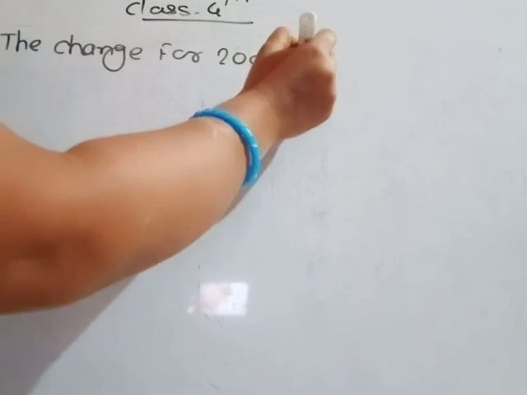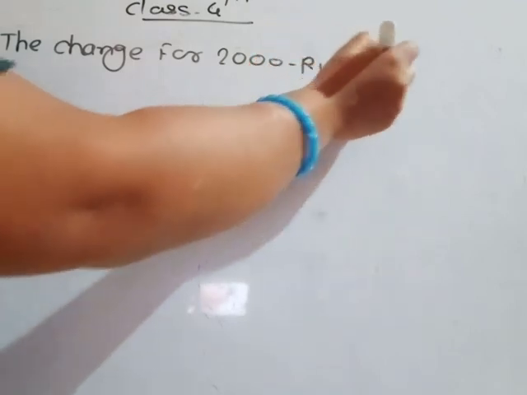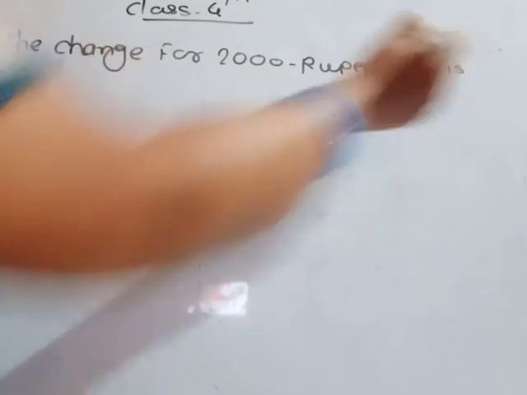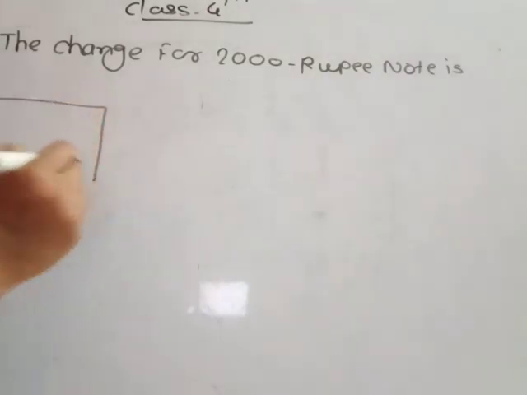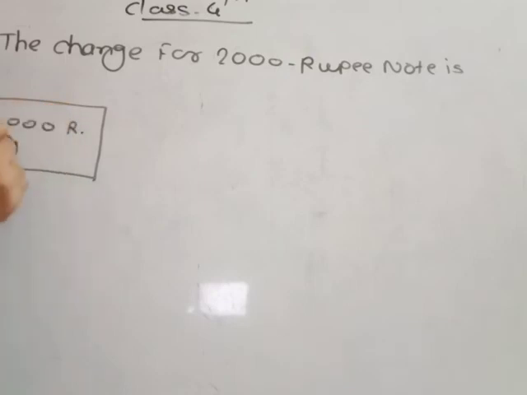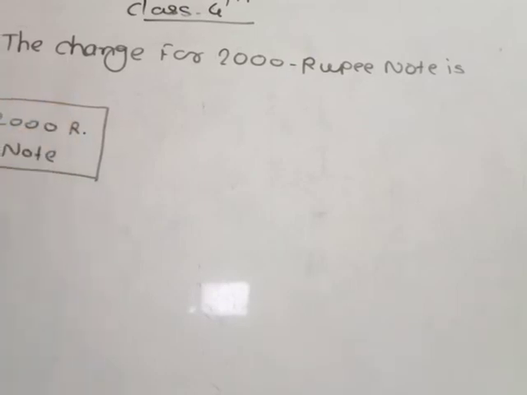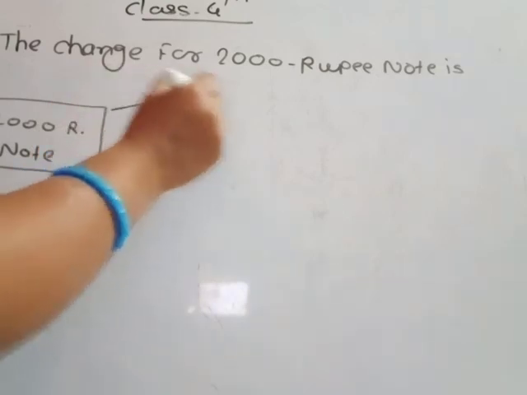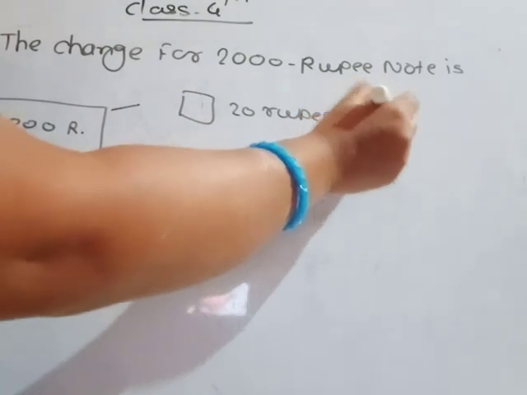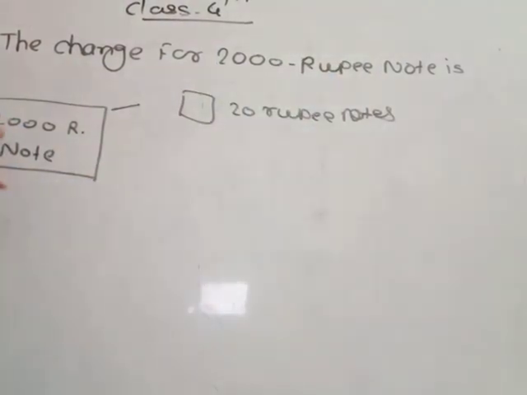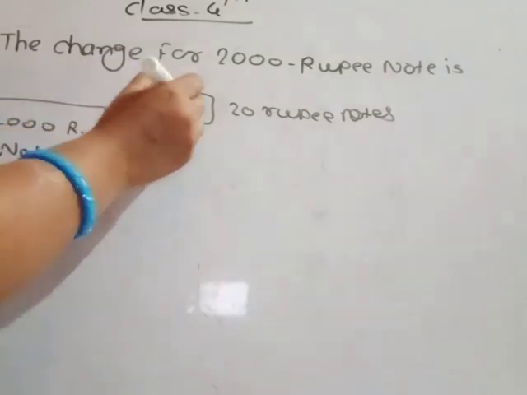Here is one 2000 rupees note. Firstly, how many 20 rupee notes? 20 twenty rupee notes? 20 times 100 means you take 100 twenty rupee notes, then you will get 2000 rupees.